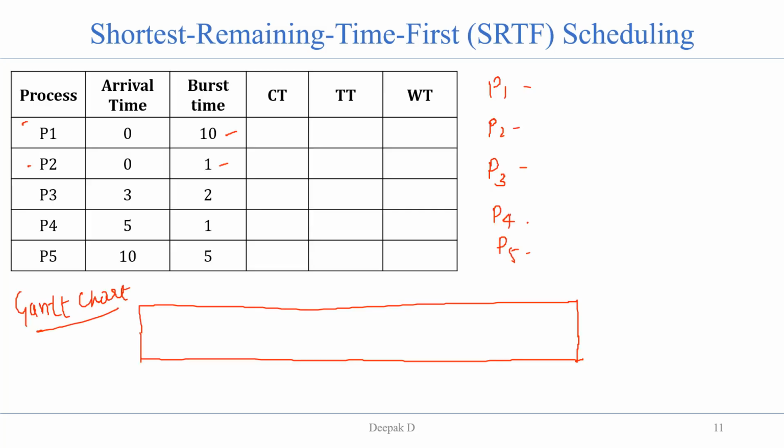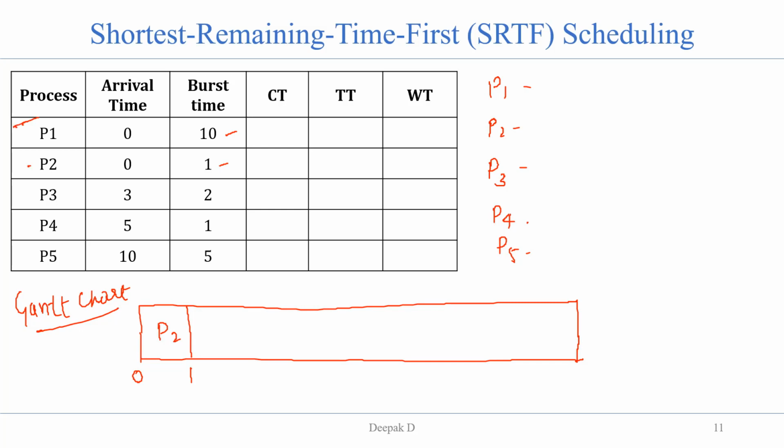Let's see that. So according to this algorithm, I need to pick the process which has the shortest remaining time. So P2, I execute it for 1 millisecond. After that, I check once again if any other process has arrived at the first millisecond. Right now no other process has arrived. The process which is in the ready queue is P1.